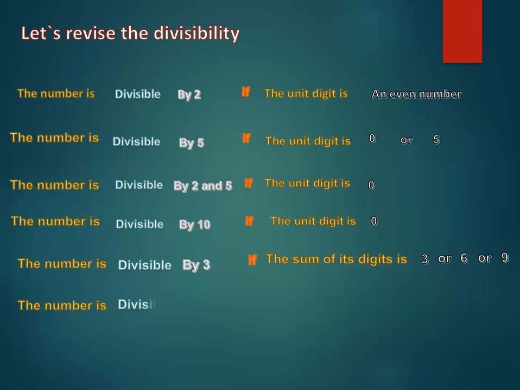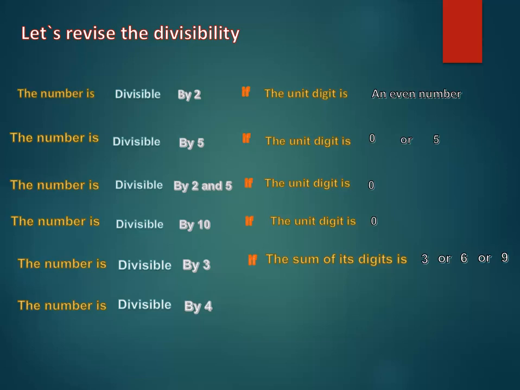The number is divisible by 4. In divisibility by 4, we must look at the unit and tens. If the unit and tens form a product in table 4, the number is divisible by 4. Like 124: 24 is in table 4, so this number is divisible by 4.